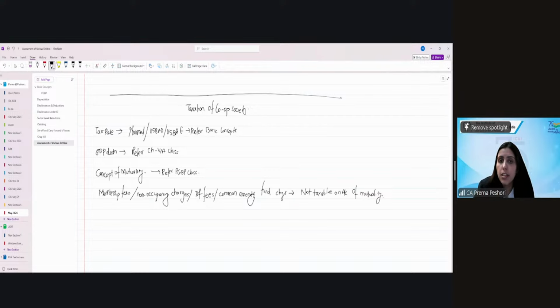Right? Here you can refer to the case of Sri Venkatesh Premises Cooperative Society, Supreme Court. Interest on FDs kept with member banks, we saw that it is taxable, mutuality is not applicable.